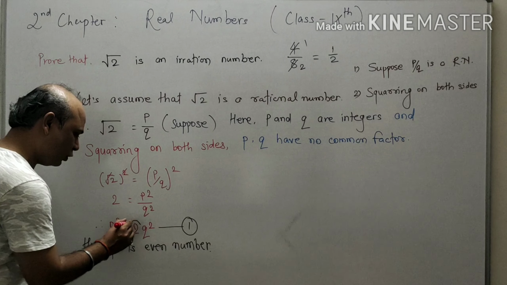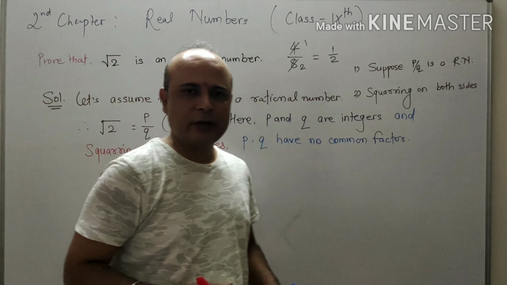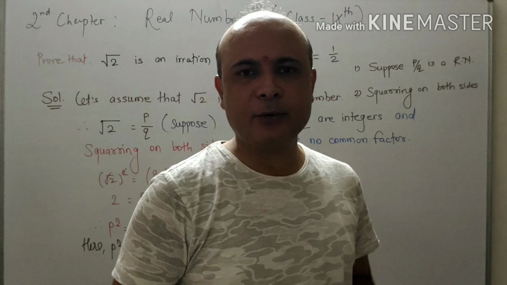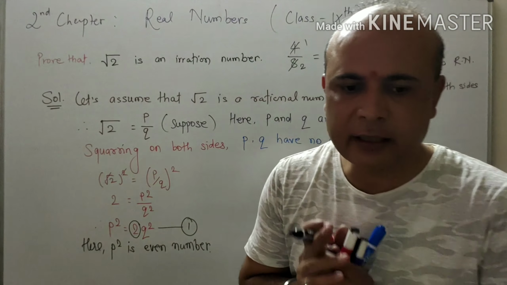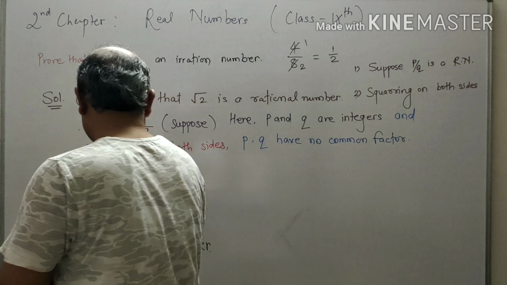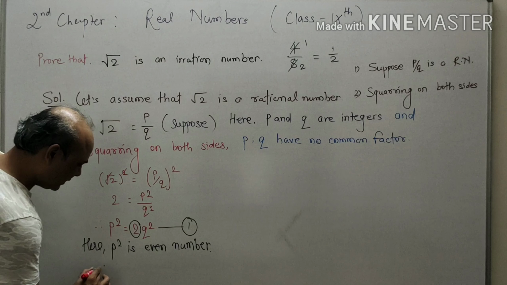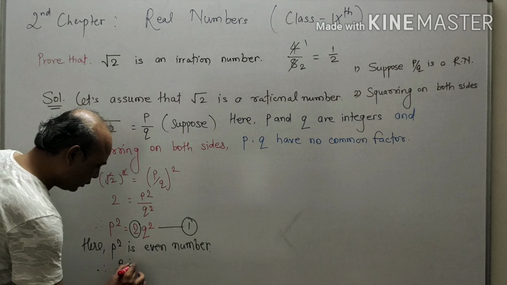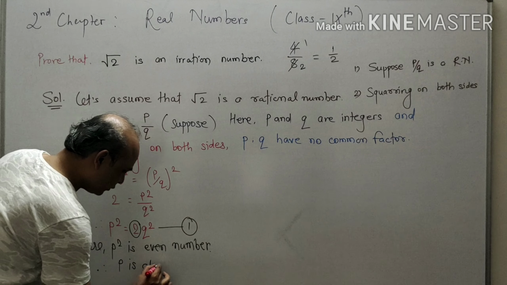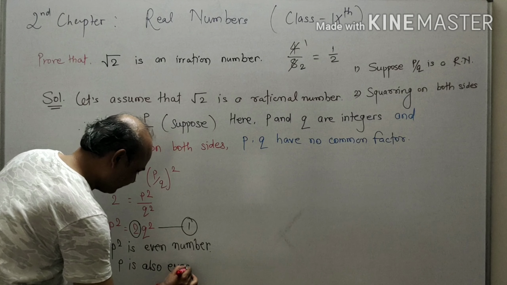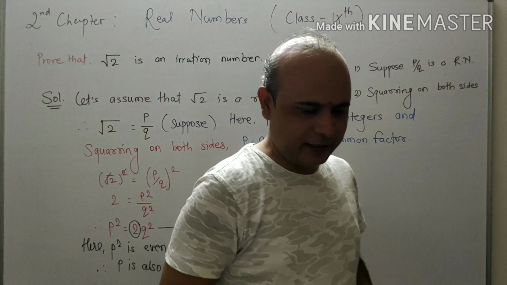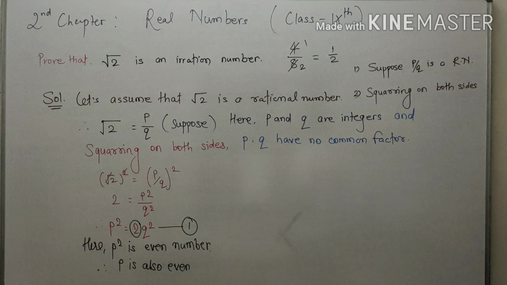Because it is a multiple of 2. So when you multiply any number by 2, you will get an even number. So when p square is an even number, therefore we can say that p is also even.